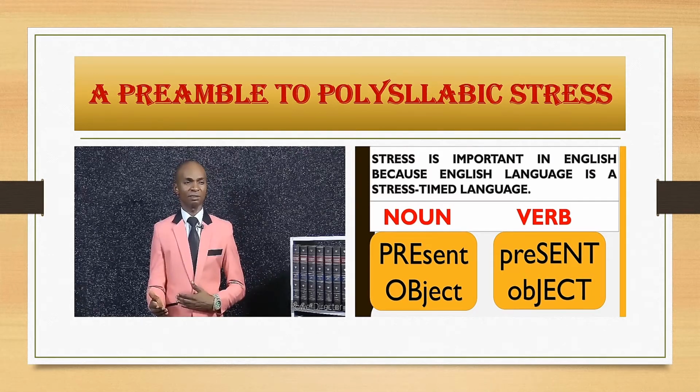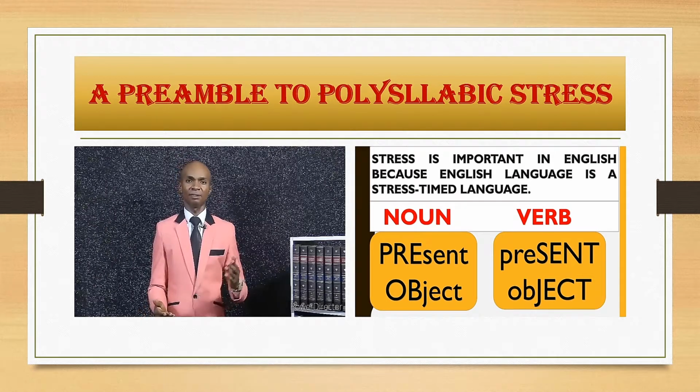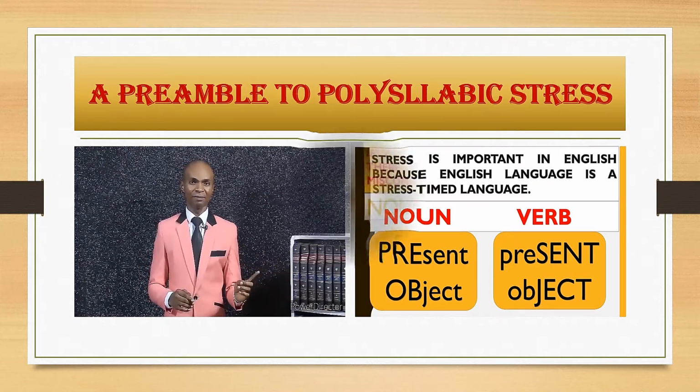Object, object. The difference is that one object is a noun, the other object is a verb.